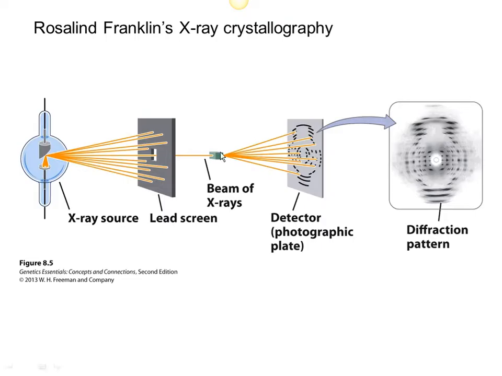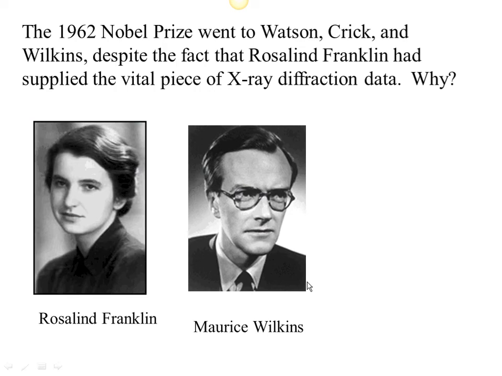Then you have to shine X-rays at the crystal, and the X-rays diffract off of the atoms in the molecule, and they hit an X-ray screen or an X-ray film, and they make little dots and spots, and then by measurements and calculations from that film you can figure out the position of every atom in the molecule. People still do this, and the technology hasn't really improved very much, more or less, but anyway, people still do this to figure out the three-dimensional structure of molecules.